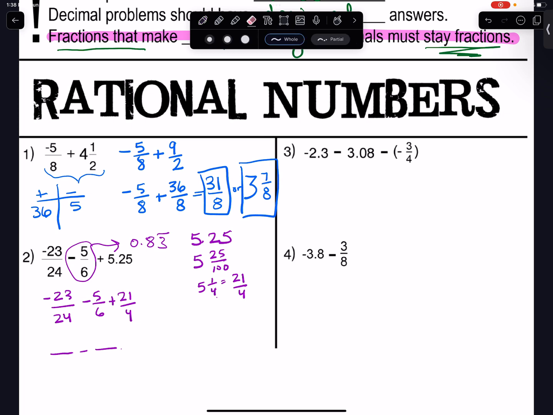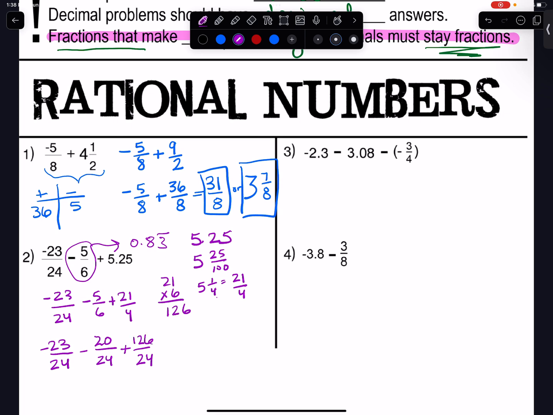This one already is 24ths. For the second one, I'm going to multiply by 4 because 6 times 4 is 24, so 5 times 4 is 20. And then 4 times 6 is 24, so we'll do 21 times 6 here to get 126.